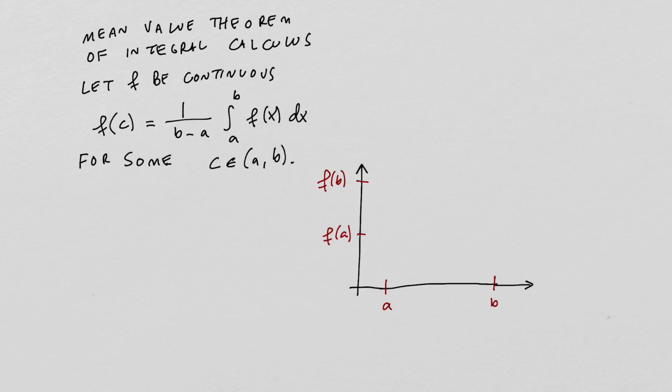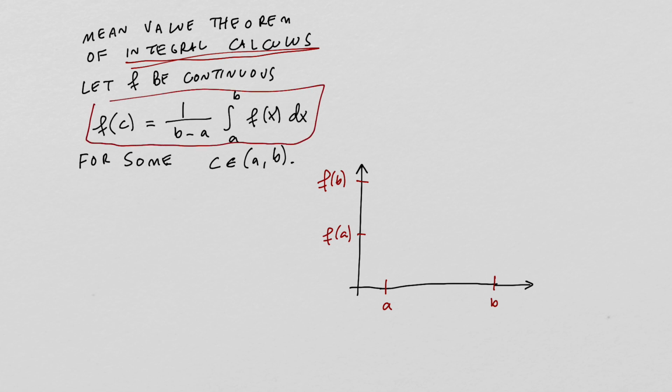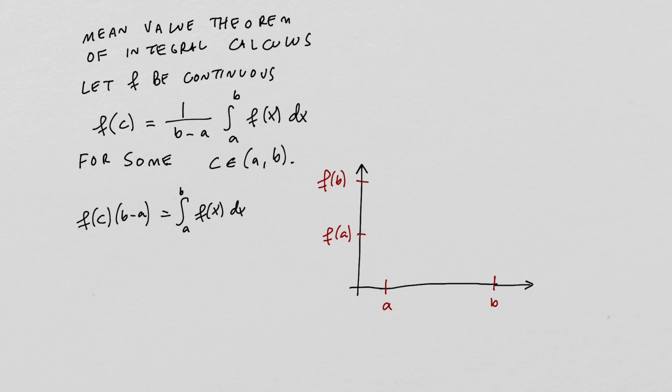The mean value theorem of integral calculus is quite much similar. There we have a continuous function and we obtain this kind of equality for some value c. We can write the equation in a little bit different way. On the right we have the area which is below the graph of the function.